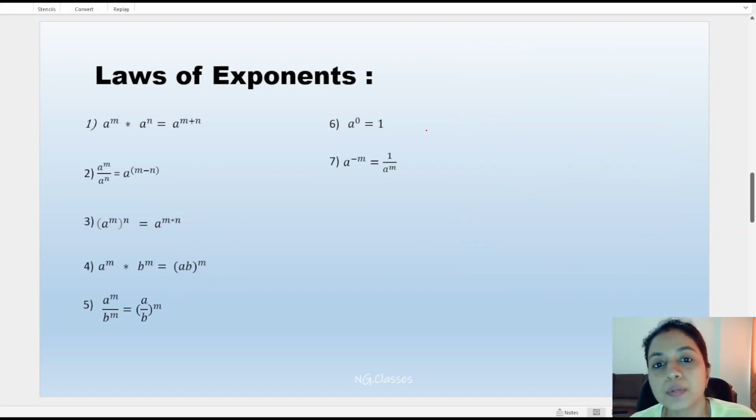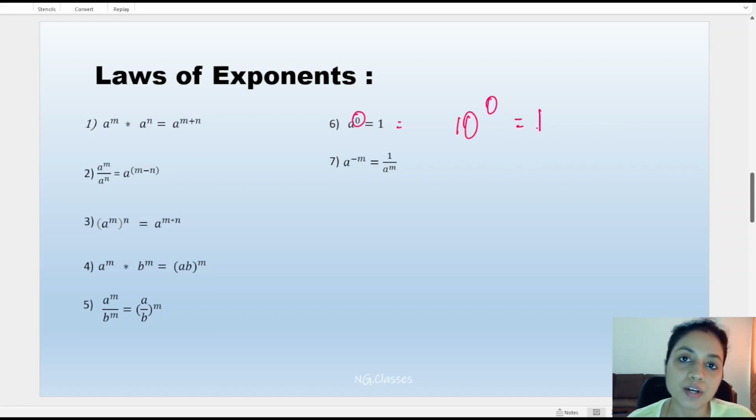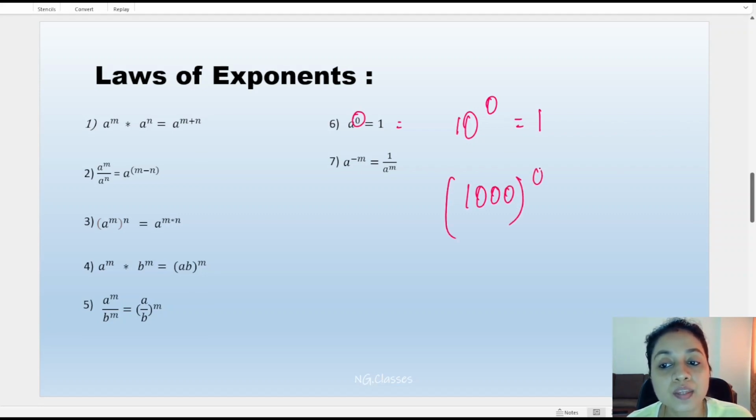Here property number 6 says whenever the exponent or the power is 0, whatever the base is, the result will be 1. So if you have 10 to the power 0, the result will be 1. If we have 1000 to the power 0, the result has to be 1 because there is no existence of 1000 over here. The result is just 1.